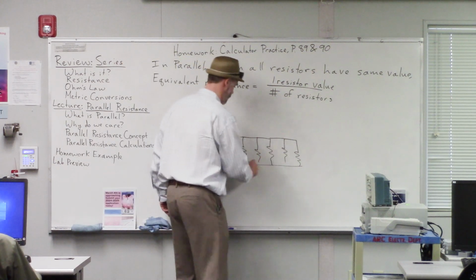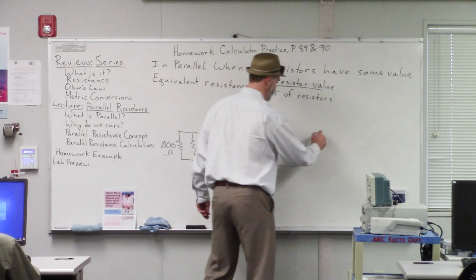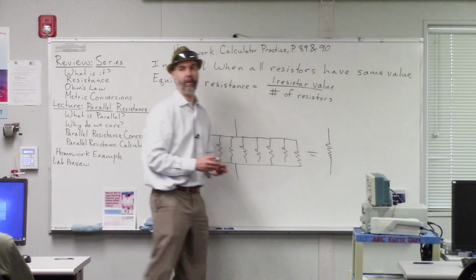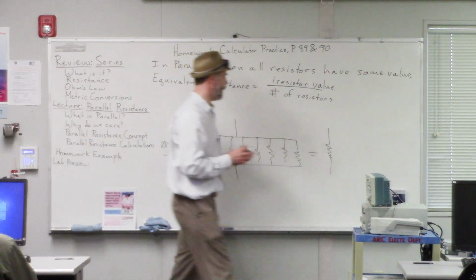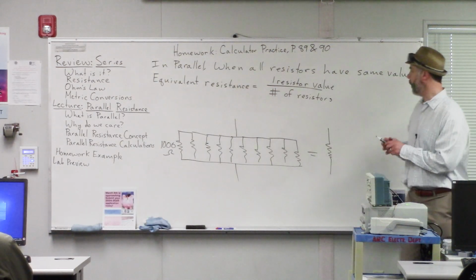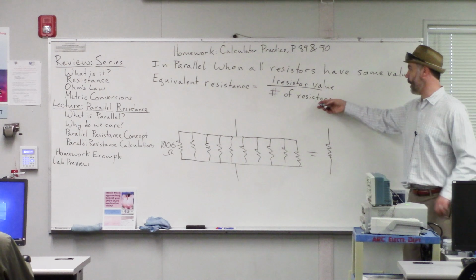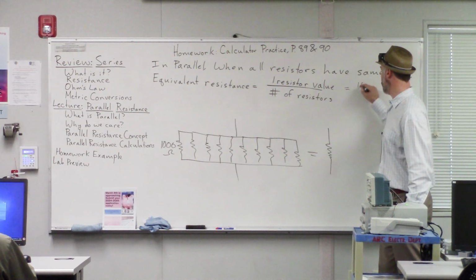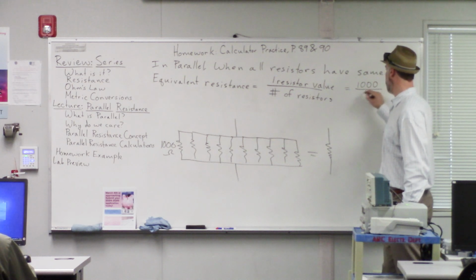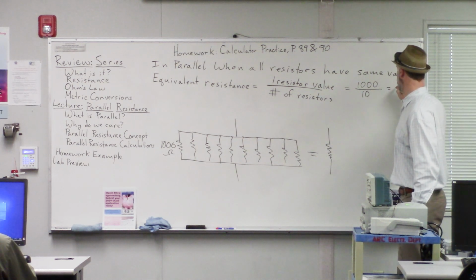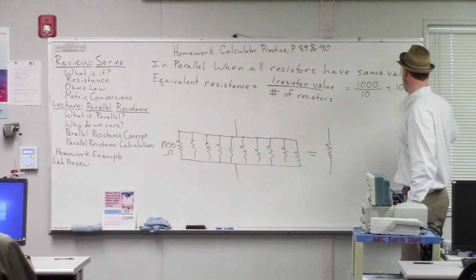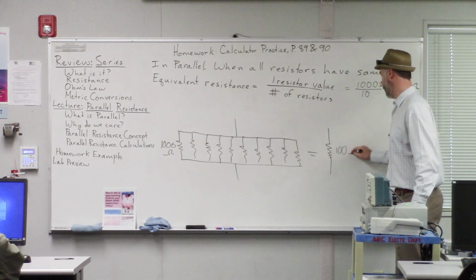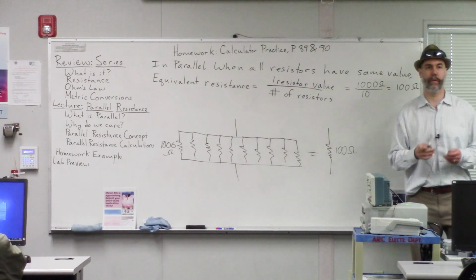What would be the equivalent resistance for that circuit? Divided by 10. Yeah, that's right. It's one of those resistor values divided by the number of resistors. So that would be 1,000 divided by 10, which is 100 ohms. So this would just be 100 ohms. Does that make sense?